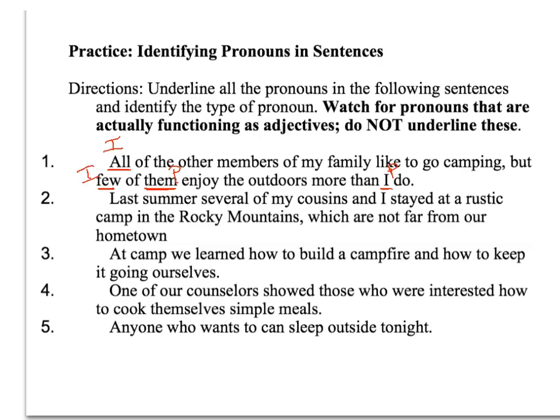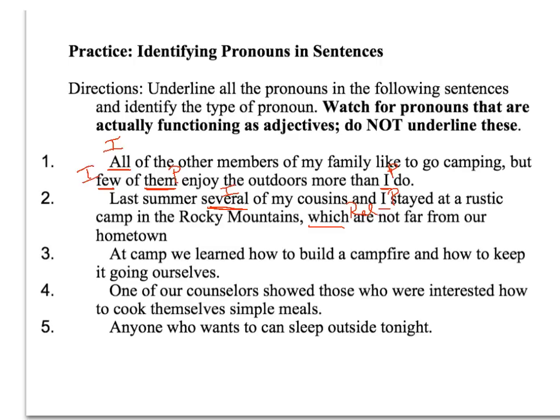Number 2, last summer, several of my cousins and I stayed at a rustic camp in the Rocky Mountains, which are not far from our hometown. So, several is an indefinite pronoun. I, personal. Which, relative. And then our is modifying hometown, so again, I'm not going to mark that as a pronoun.